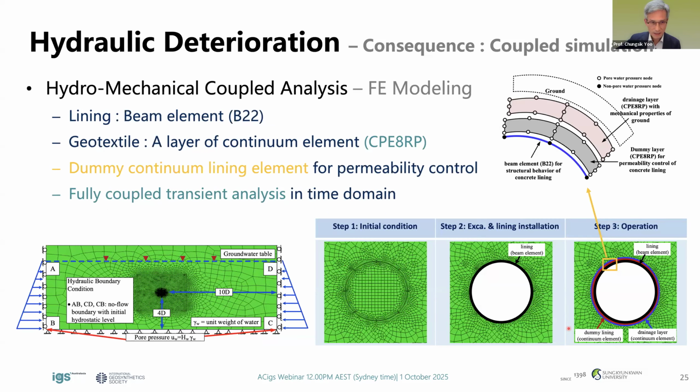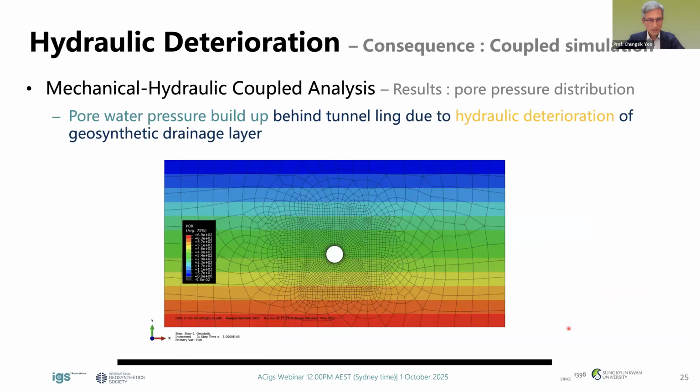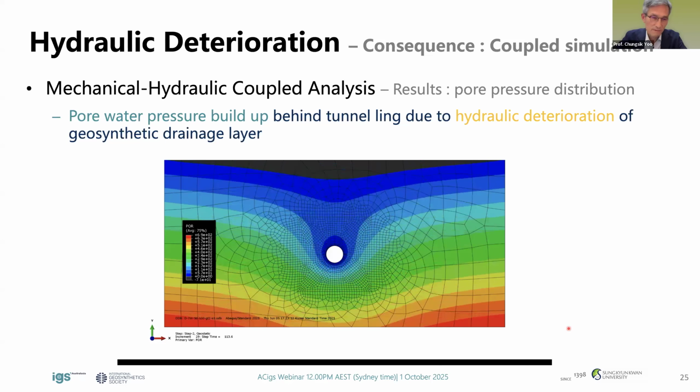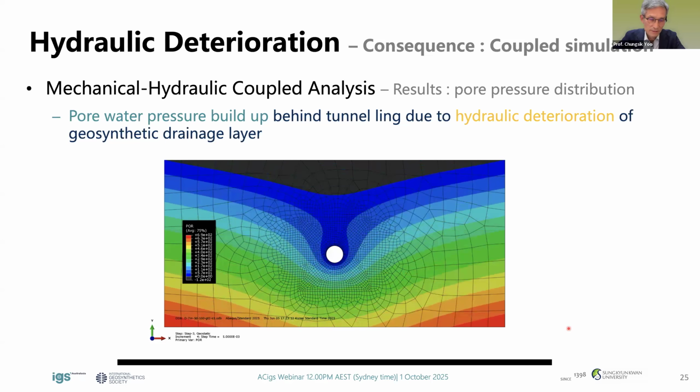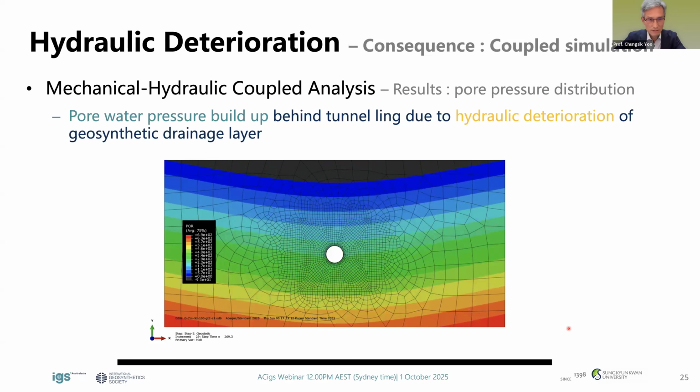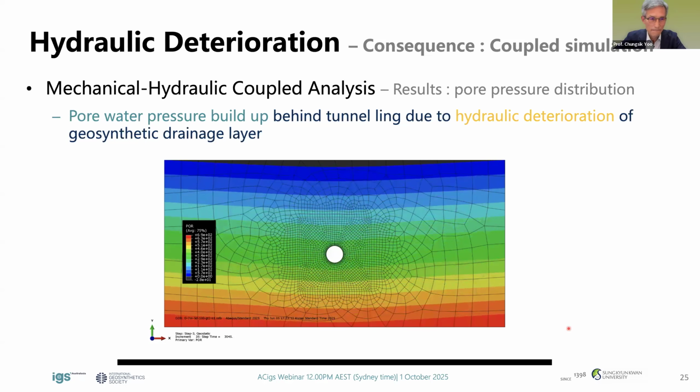So let's take a look at what can happen. So this is intended, undrained. This is intended, okay? Drain tunnel. However, when hydraulic deterioration happens, the water table goes back, all right?